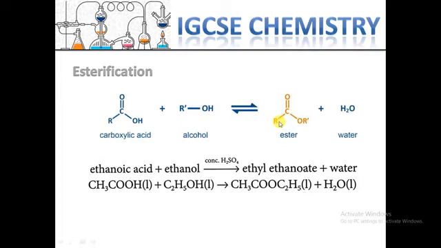It can be methane, ethane, propane, three carbon, four carbon, or butane. And here R' can also be another carbon chain, two different carbon chains.